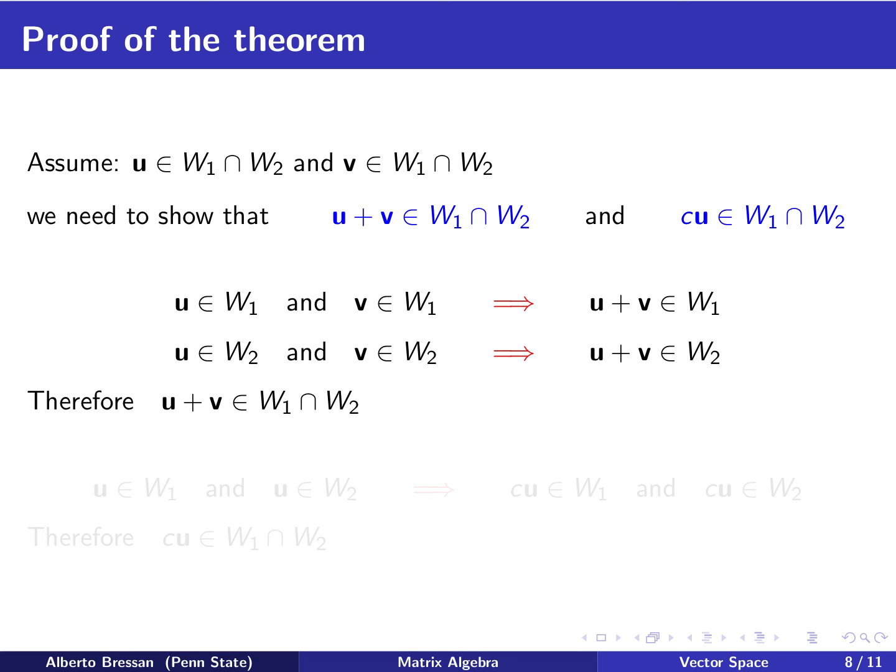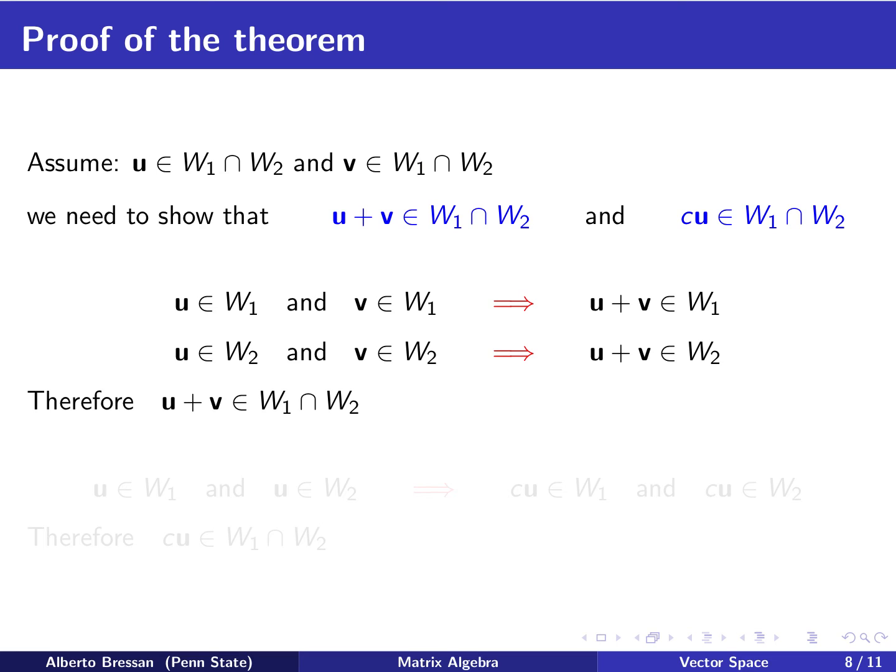So we know that U is in W1 because U is in the intersection, meaning U is in both W1 and W2, right? So U is in W1 and V also is in W1. And W1 is a vector space, and therefore U plus V is in W1.